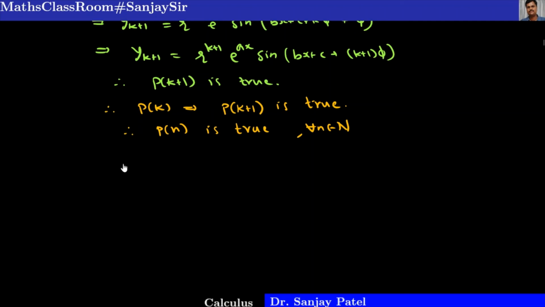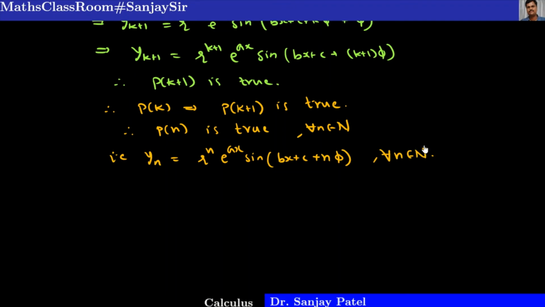That is, y_n is equal to r raised to n e raised to ax into sine(bx plus c plus n phi) for every n belonging to N.